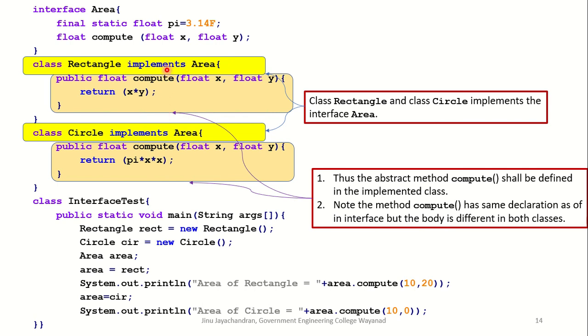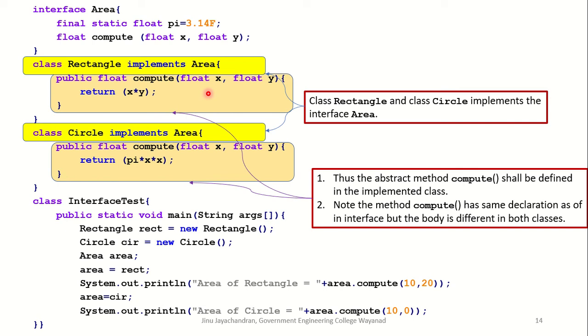Since both classes implement the interface area, you should define the method which is declared inside the interface. Inside the interface you have declared the method compute. So that method should be defined, meaning there should be a body for that method inside both the classes. So you have defined in the rectangle class compute x comma y. Note that the declaration should be the same as that in the interface.